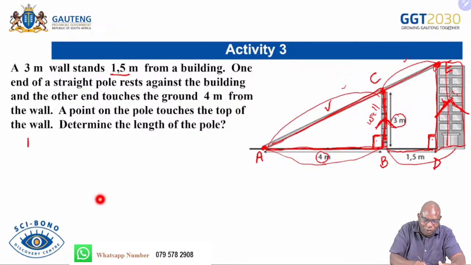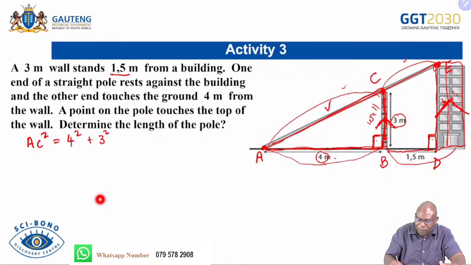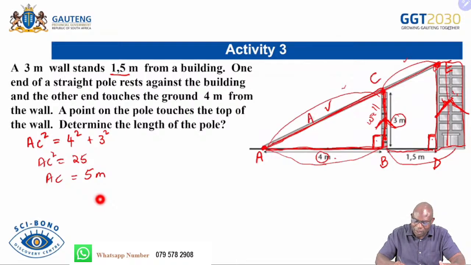I'm going to say AC squared equals 4 meters squared plus 3 meters squared, because I've got those two sides and I need the hypotenuse. That's 25. My AC squared is 25, meaning that my AC will be equal to 5 meters.